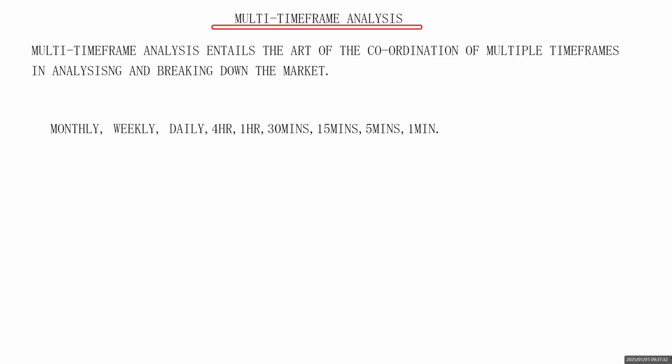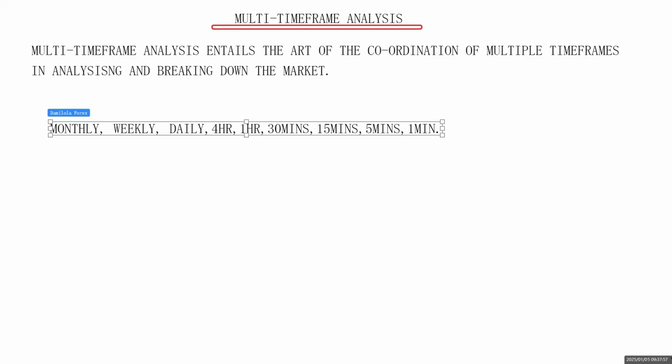Okay, so these time frames are categorized into different groups. That is what we have: the big time frames and the small time frames. Okay, it's important to note that the big time frames are the time frames that allow us to see the overall direction of prices. So what are these big time frames?